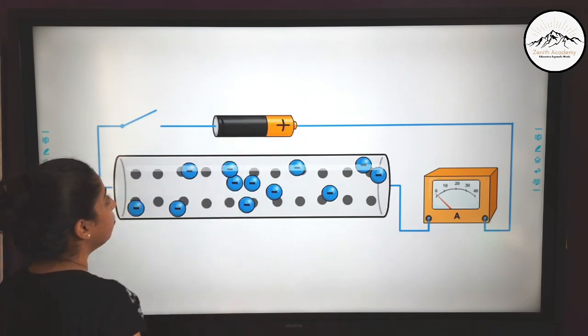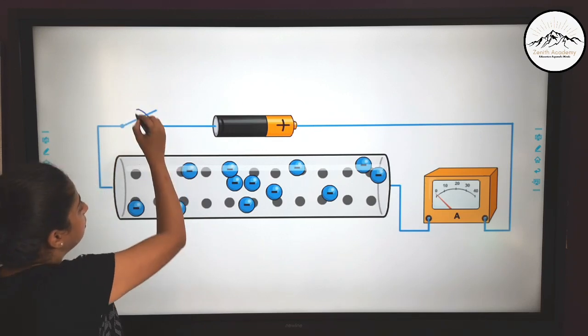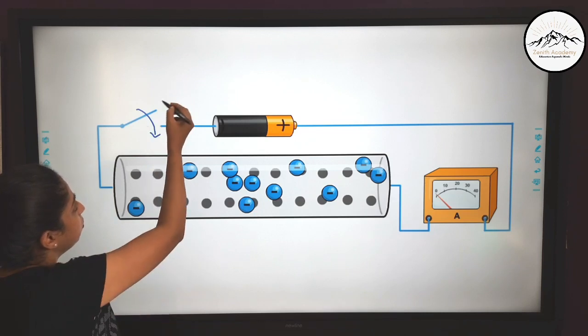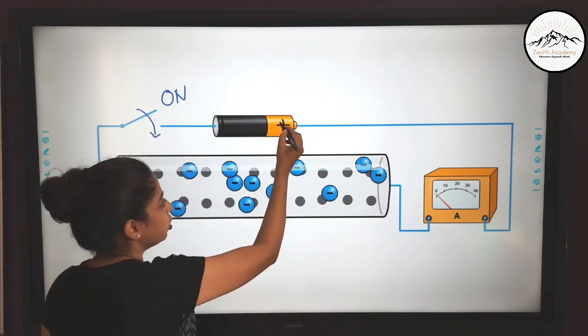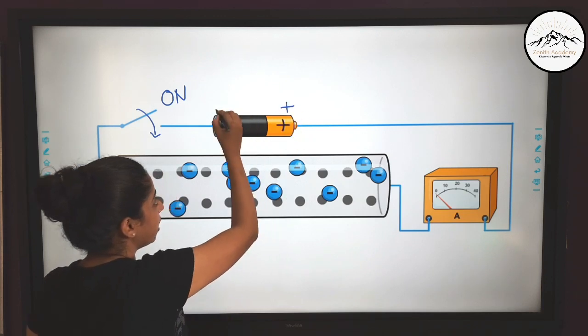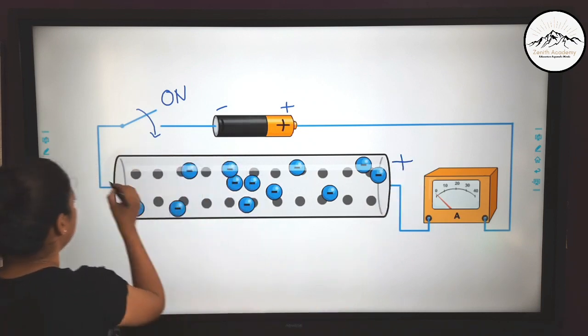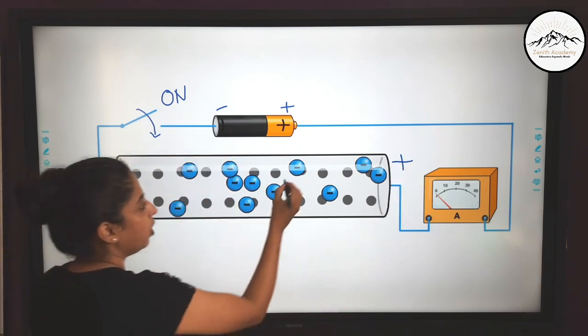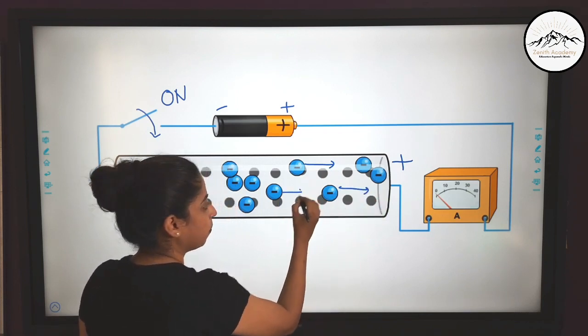So when you attach a battery here and you close it, it means you switch it on. Now when you switch it on, here you can see this is the positive side and this is the negative side. So what will happen? Electrons will start drifting towards positive side.